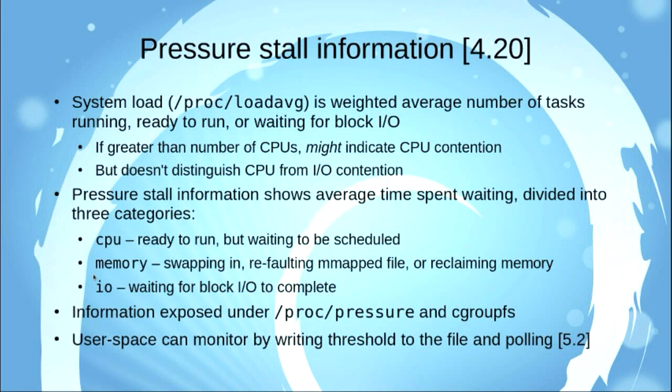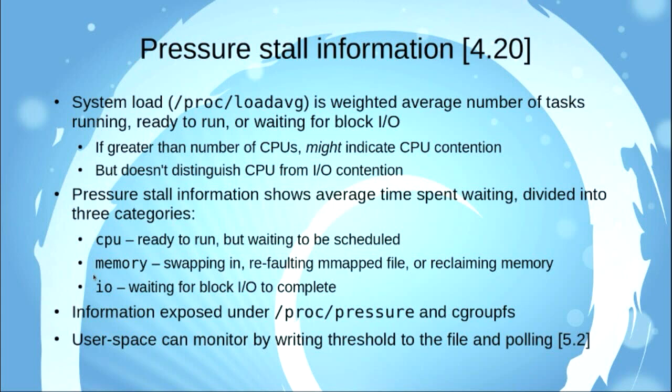When that's greater than the number of CPUs in the system, it might indicate CPU contention. But because it also includes tasks that are waiting for block I/O, it might also indicate that you have I/O contention. So this single number is not that helpful.